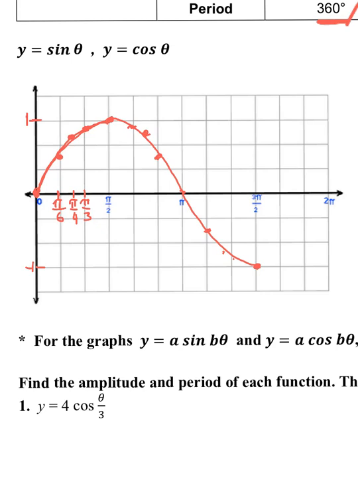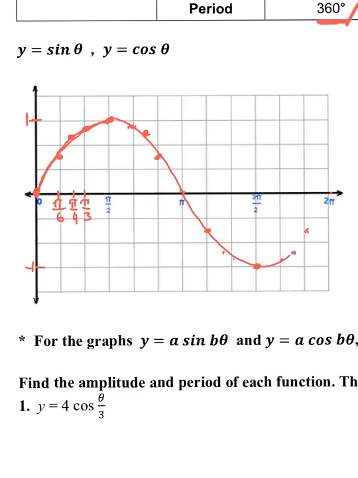Okay, and then continuing on, you can see we have that same pattern at negative 3, rad 3 over 2, negative rad 2 over 2, and then negative 1/2. Until at 2 pi, I am at 0.